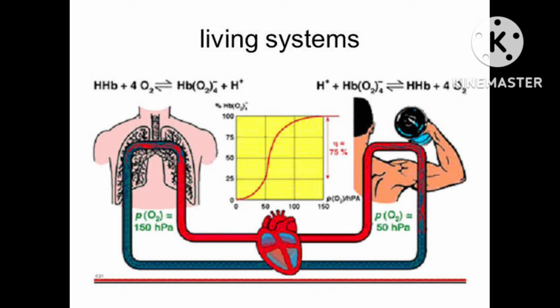Whatever the value of forward was, just the inverse of that. For example, if Kc value was 5.03, then for the reverse reaction Kc value will be 1 upon 5.03. This is the fourth point I have told you.